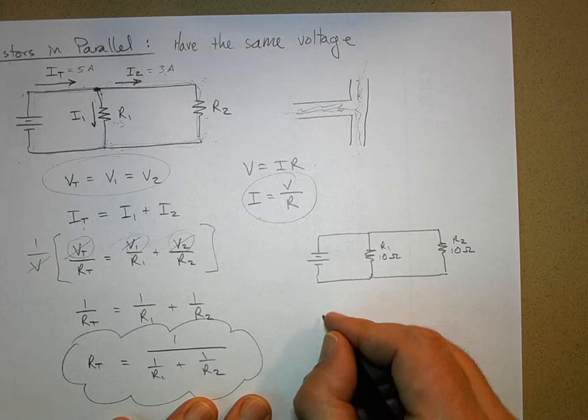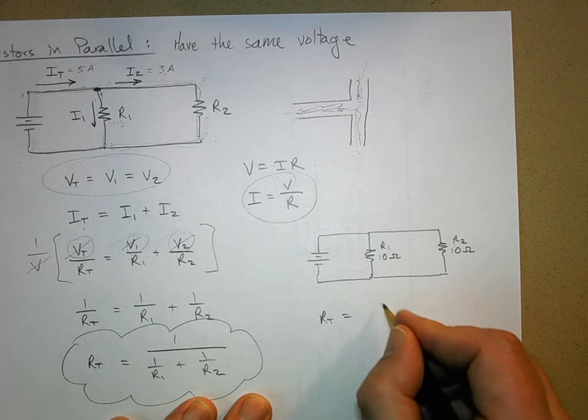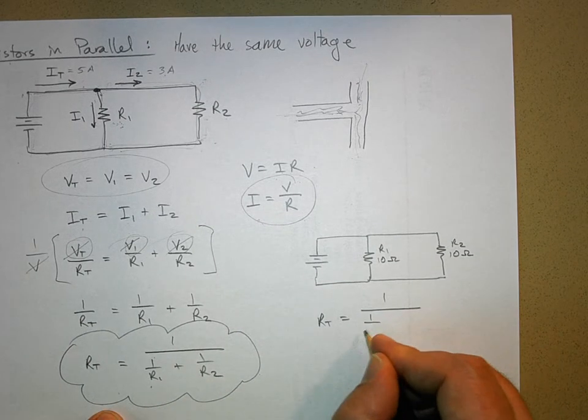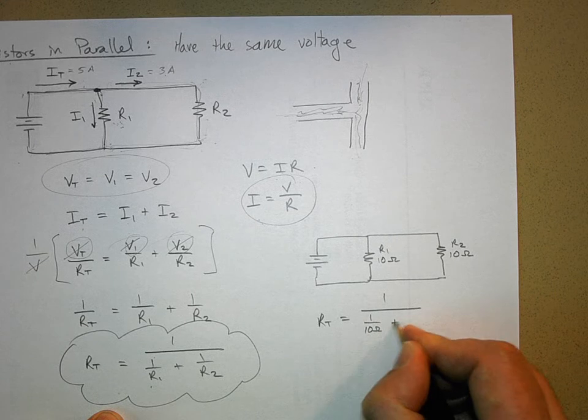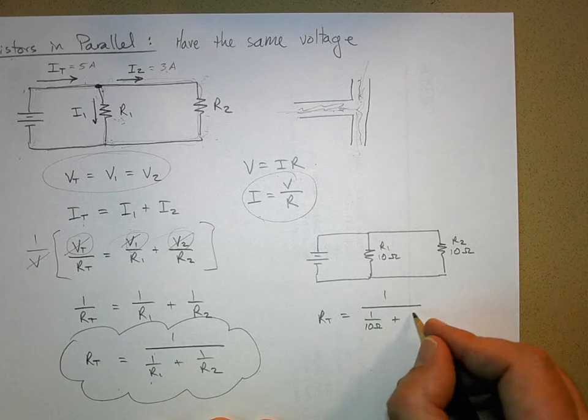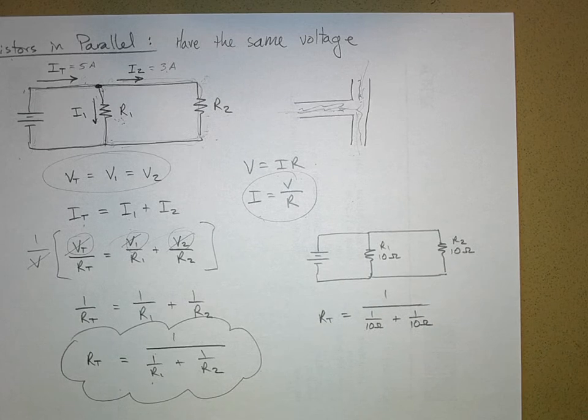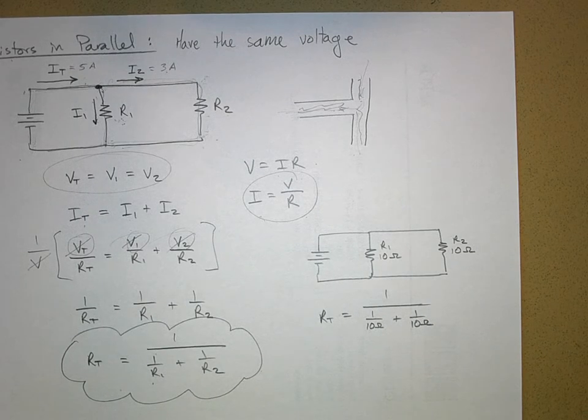The total resistance is going to be 1 over, well, that's 1 over 10 ohms plus 1 over 10 ohms. Now you can get a calculator out and do this, but you don't need to because this is a very easy one to do.